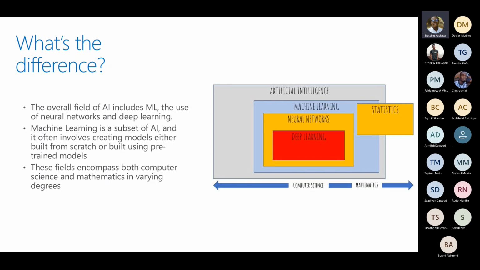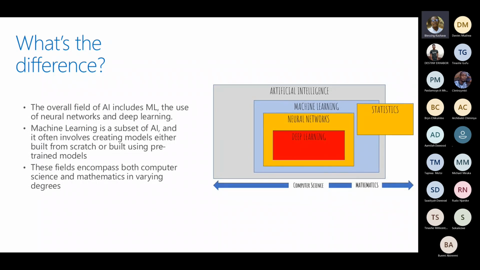Actually, machine learning, neural networks, and deep learning are all subsets of artificial intelligence that use different algorithms to give decisions. In all these domains, there is some need for mathematics and statistics, discrete mathematics and some number theory to understand how the machine learning models work.